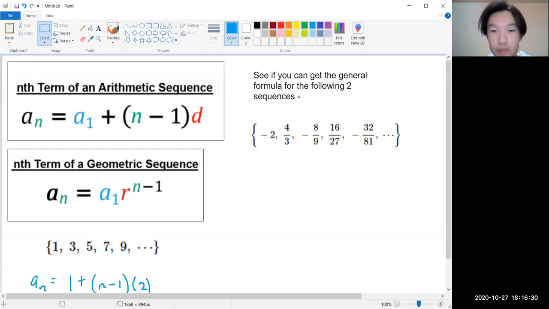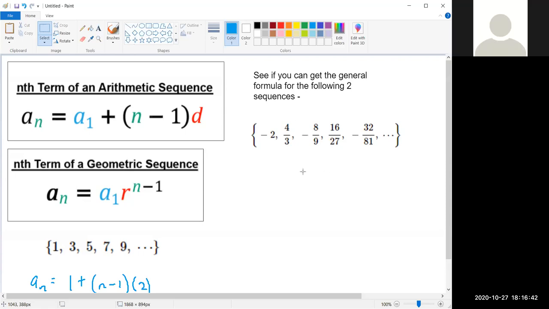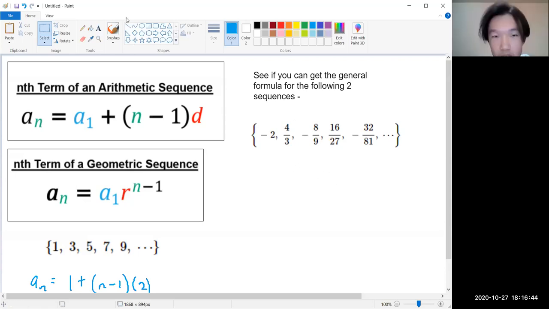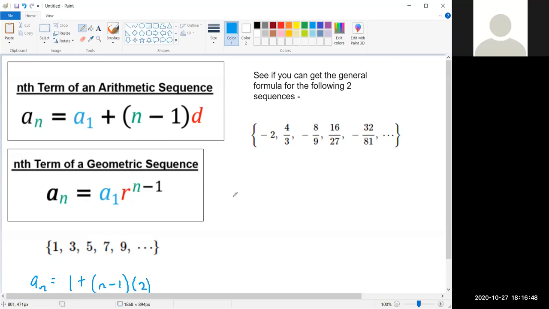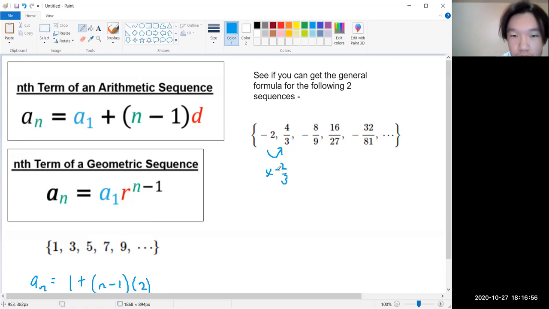Can someone see what the common ratio is in this geometric sequence? -2/3. Yes. If you observe, to go from one number to the next, you have to multiply by -2/3.